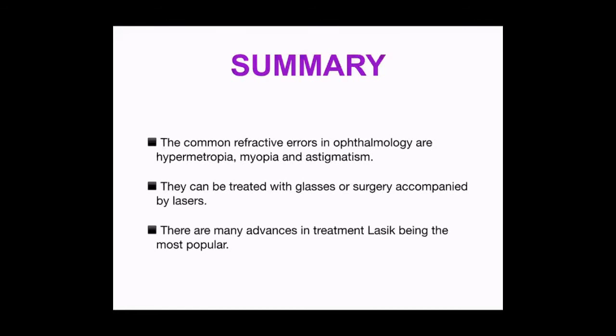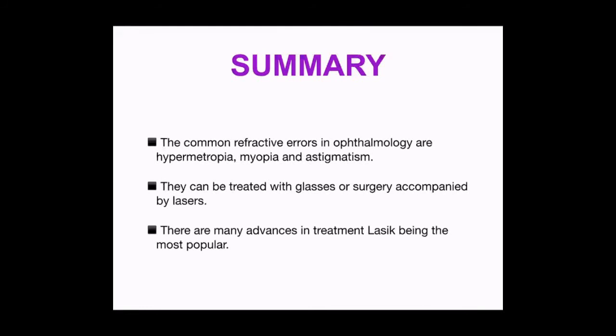So just summarizing it, refractive errors are the most common type of pathology you see in ophthalmology. Three types are there: hypermetropia, myopia, astigmatism. All three types are treated in a similar manner. That is, either you give out spectacles, contact lenses, or refractive surgery.